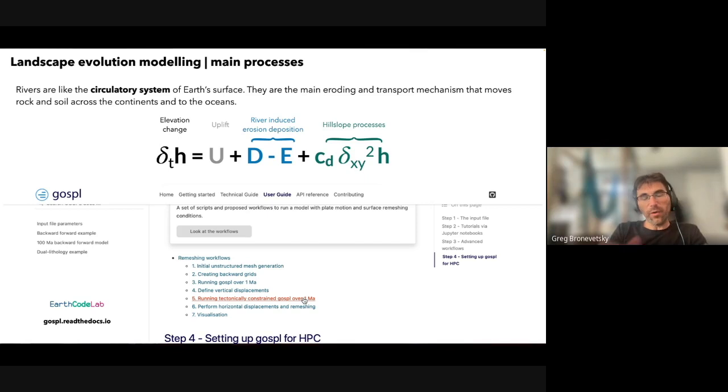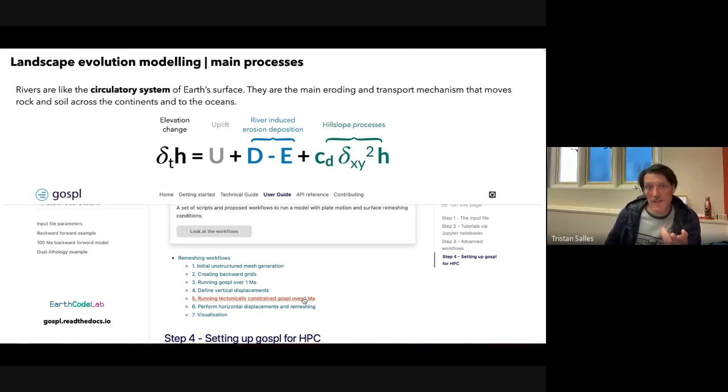Perfect, thank you. And what's the time scale? For this specific model, I don't remember exactly, but maybe it's every 1,000 years or every 5,000 years. That's the time step that we use.